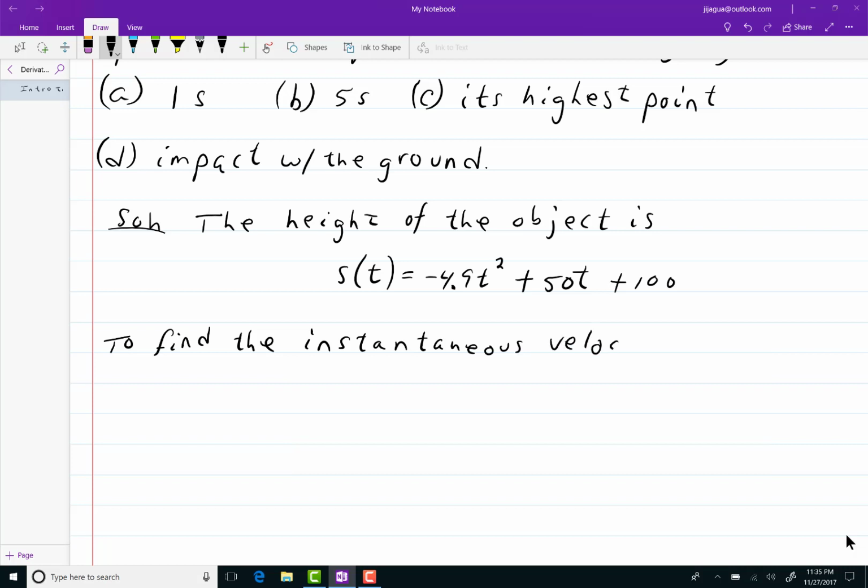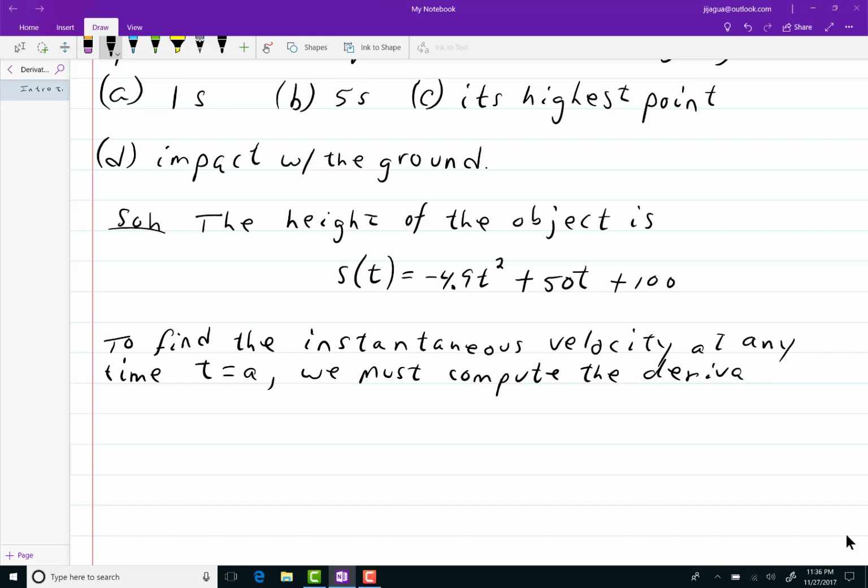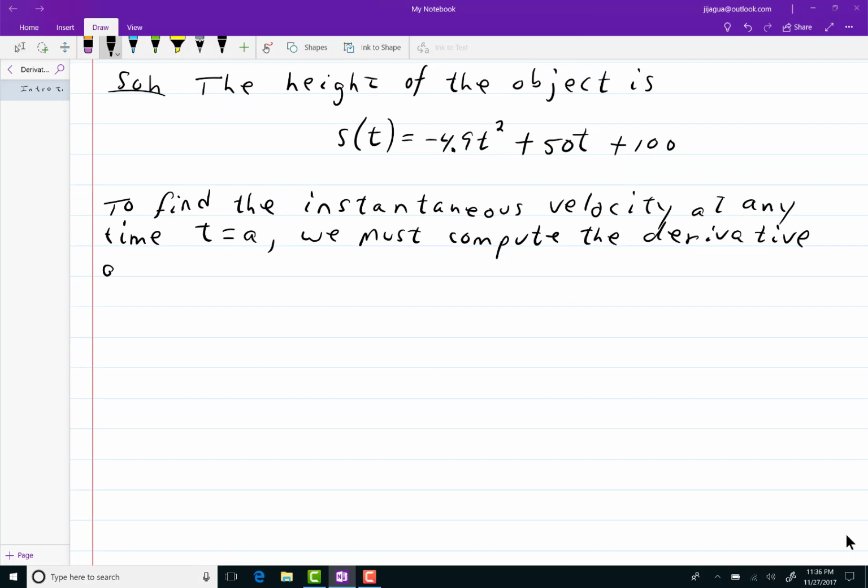To find the instantaneous velocity at any time t equals a, we must compute the derivative of s of t.